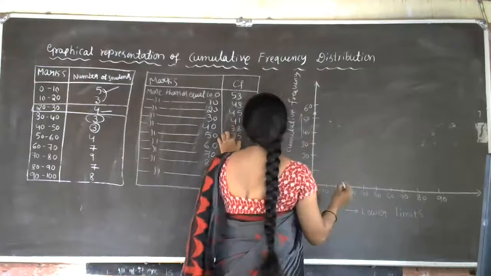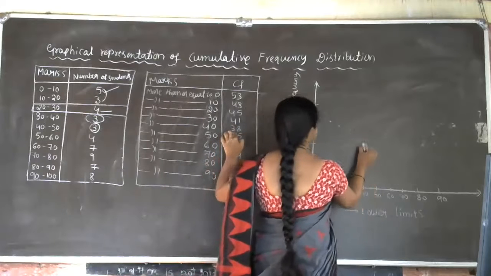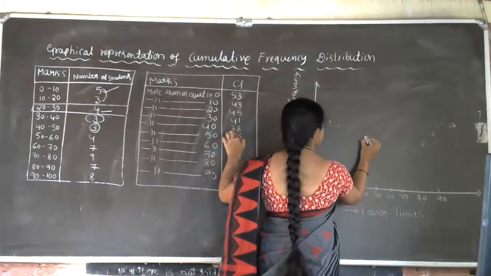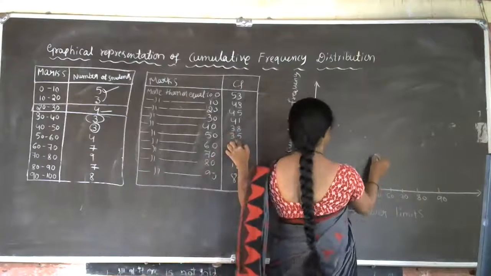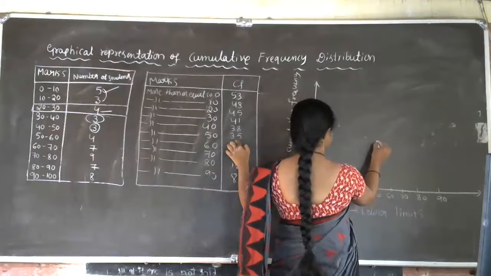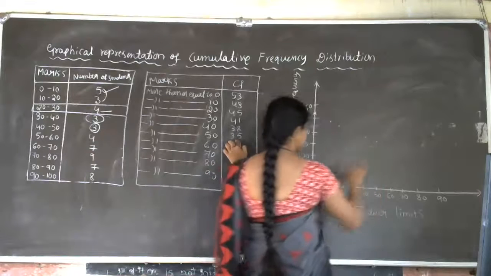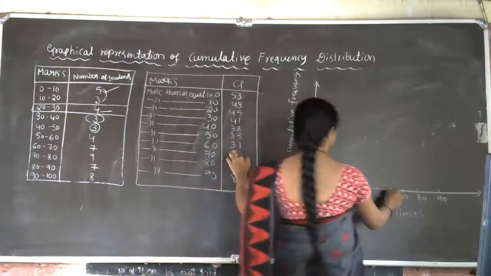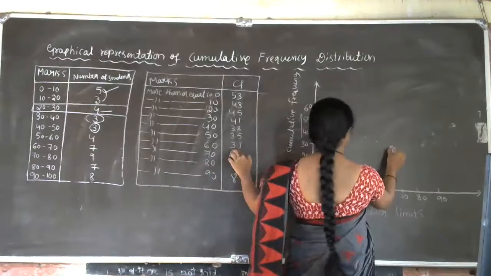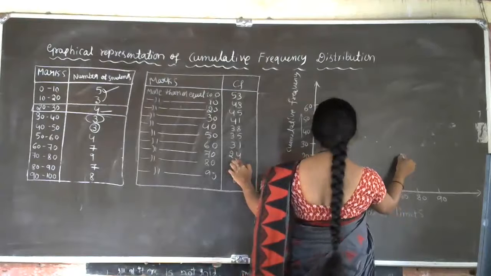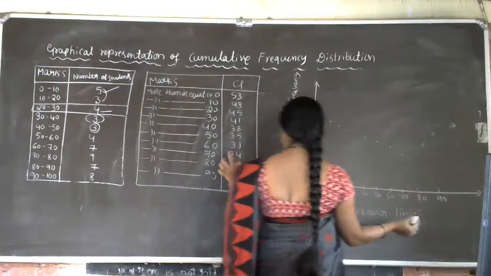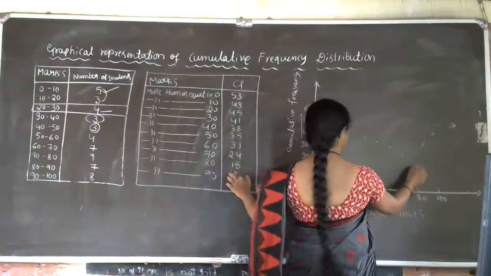Next, at 40, 38. At 40, 38 is here. Next, at 50, 35. 50, 35 is here. Very close points. Next, at 60, 31. 60, 31 is here. Next, at 70, 24. Next, at 80, 15.